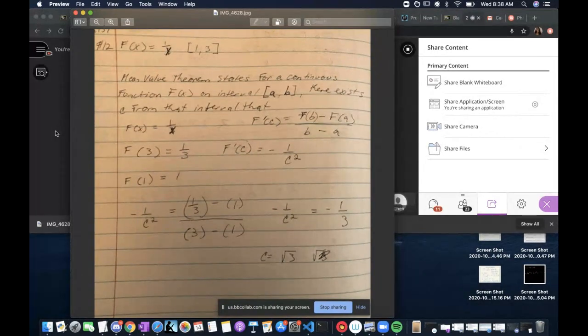You know this step, f prime of c equals negative 1 over c squared. Do you know how you go from f of x equals 1 over x to get f prime of c equals negative 1 over c squared? How do you get f prime of c?